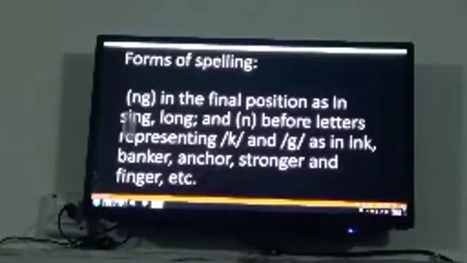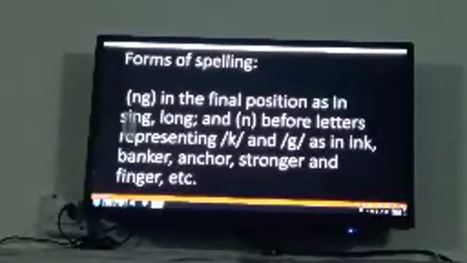Ng in the final position, like sing, long, and n before letters representing k and g. In before k and g, like k, ink.